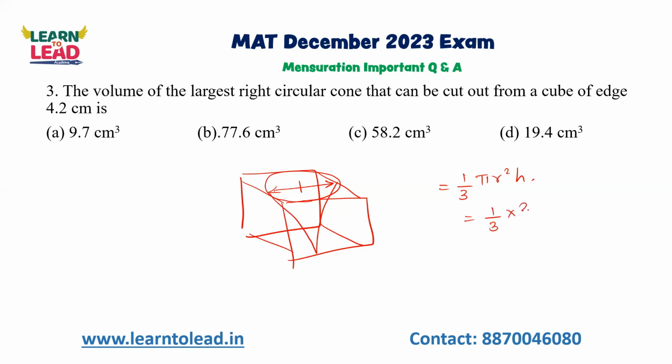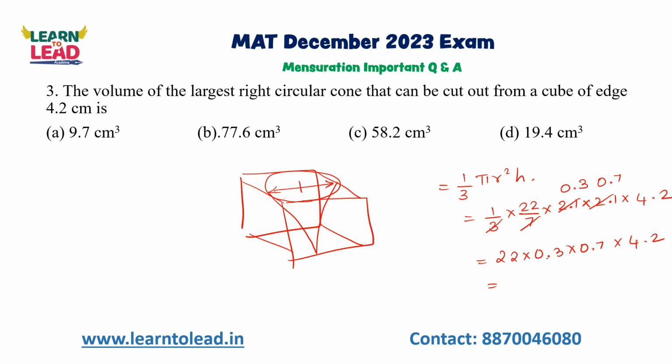So 1 by 3 into 22 by 7 into 2.1 into 2.1, which is r square, into the height of the cone, 4.2. So 7 and 2.1 you can cancel, giving 0.3. And 3 and again 2.1 you can cancel, giving 0.7. So your answer is 22 into 0.3 into 0.7 into 4.2.